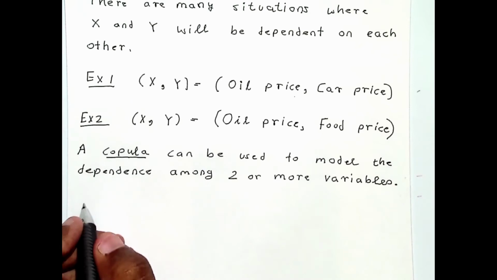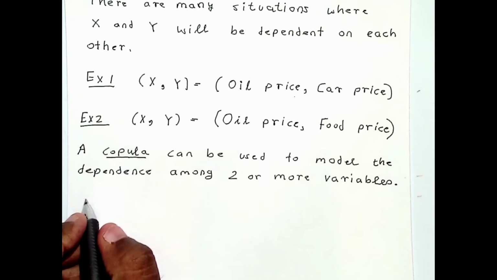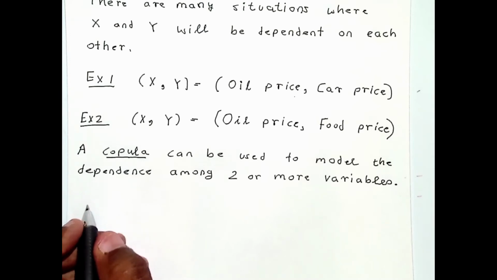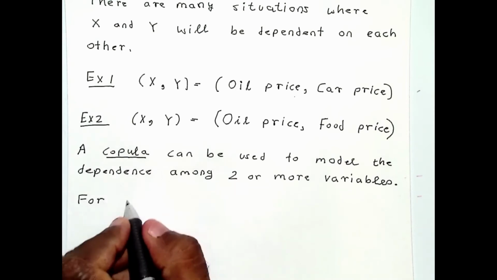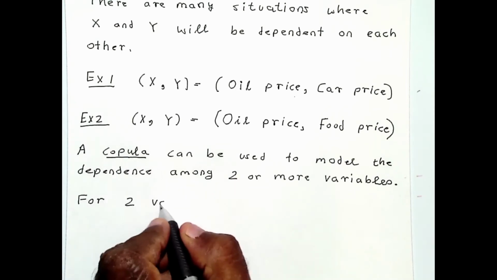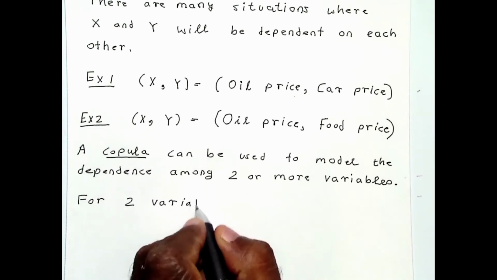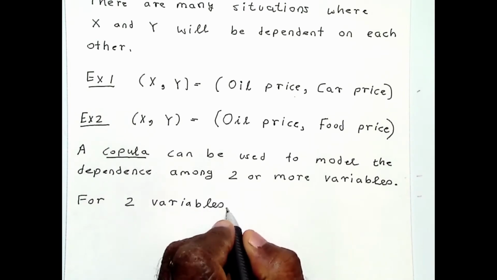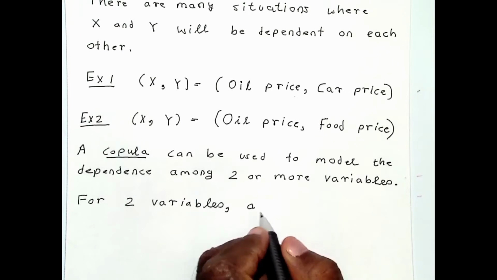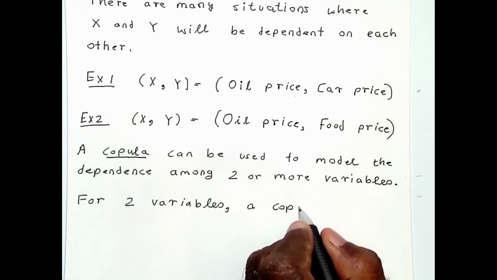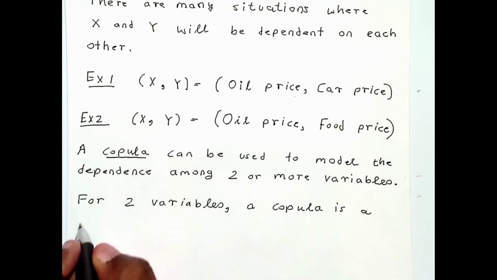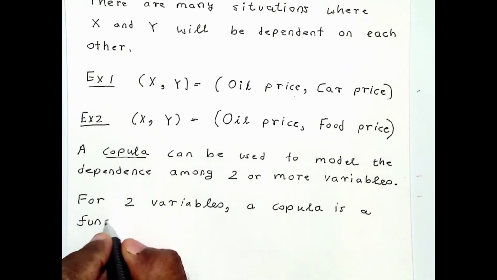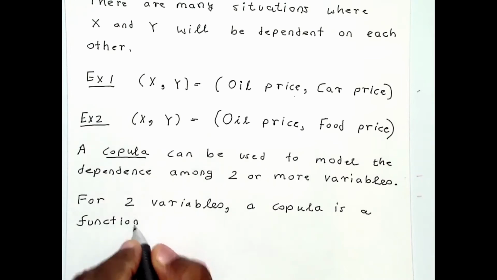Now, I'm going to give a loose definition of a copula. This is not the formal definition. The formal definition will come in the next video, right? Now, this is just a loose definition. When you have two variables, a copula is a function, okay?